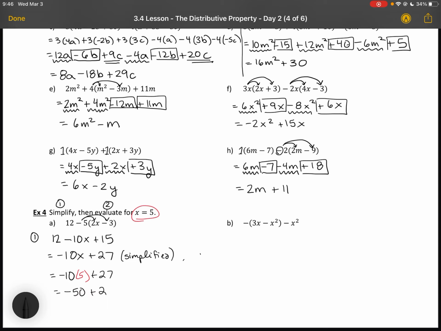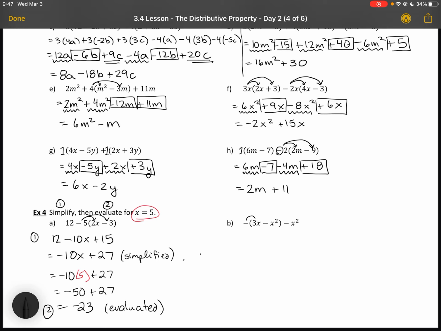So I get minus 50 plus 27. And let's see, minus 50 plus 27 is going to give me minus 23. This is my expression that has been evaluated. So 2 steps to this one.